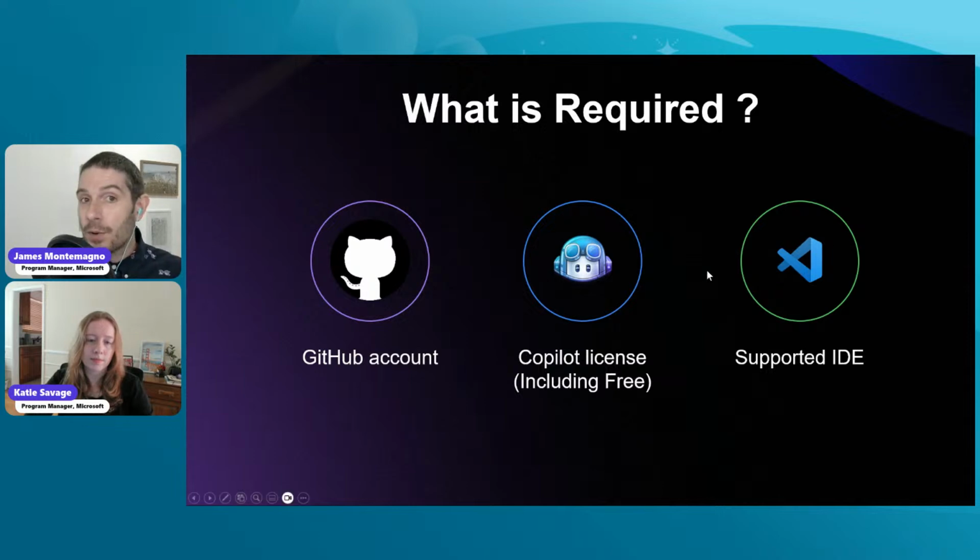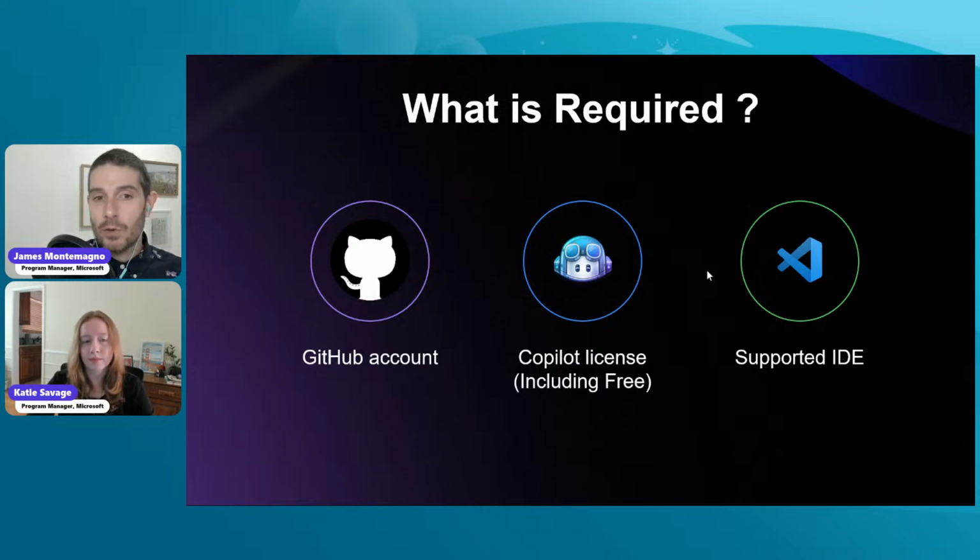And then you need a supported code editor or IDE. We've mentioned VS Code, Visual Studio, Codespaces as well. But GitHub Copilot does work in many other places. So if you're using IntelliJ-based IDEs like Rider, for example, or Xcode, that also works there.